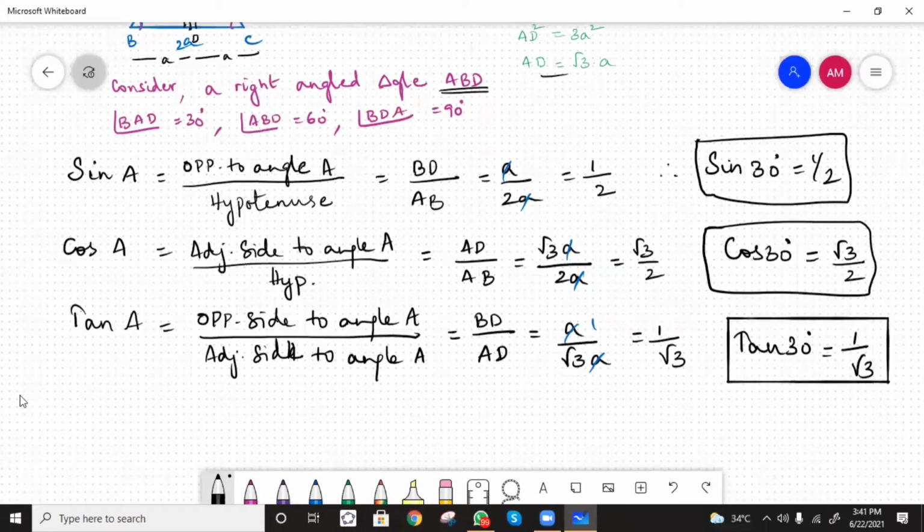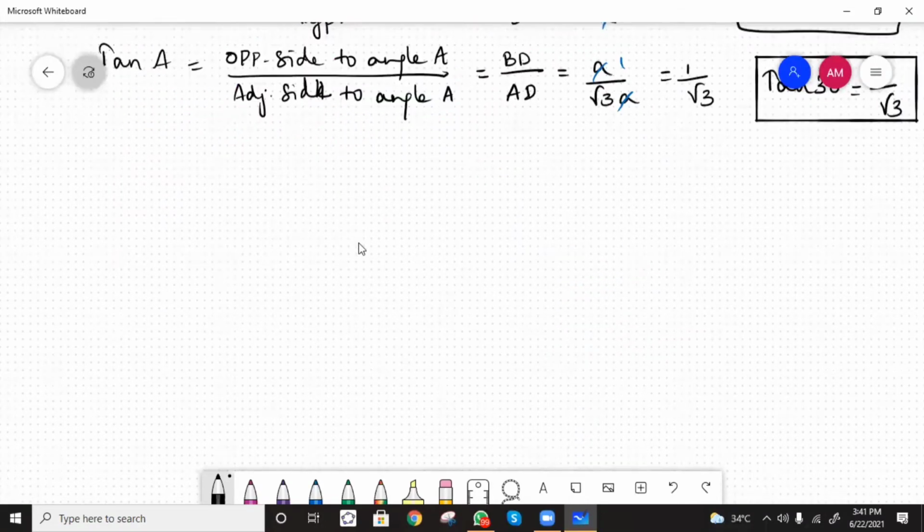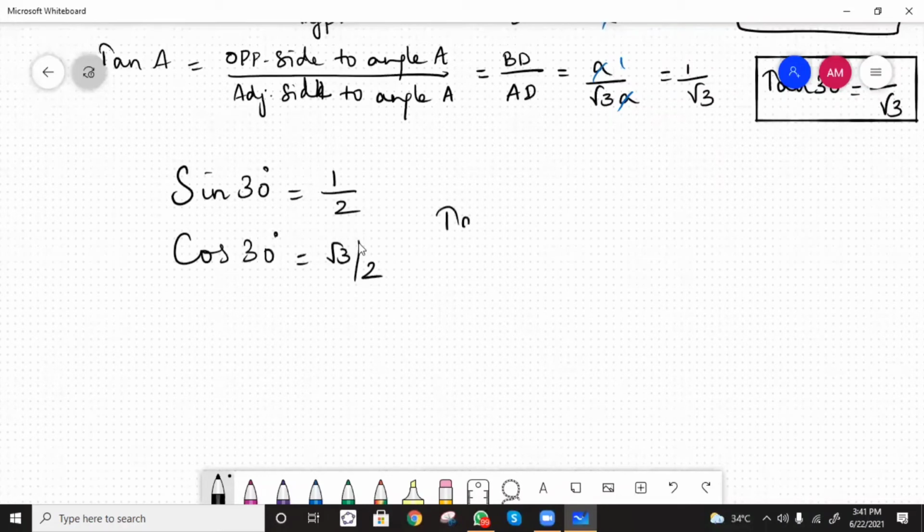So what we got now: sine 30 is equal to 1 by 2. Cos 30 is equal to root 3 by 2. And what will be tan 30?